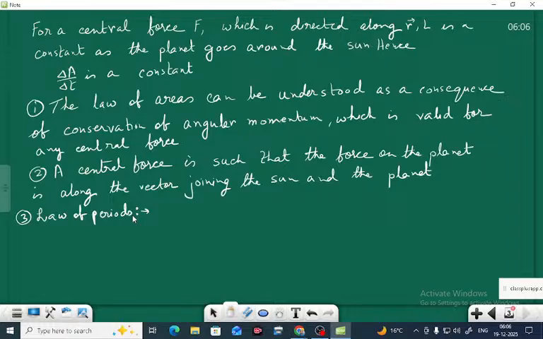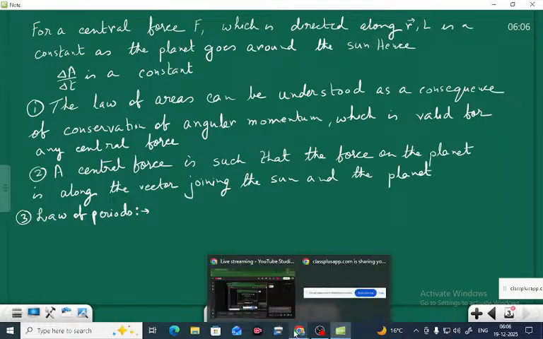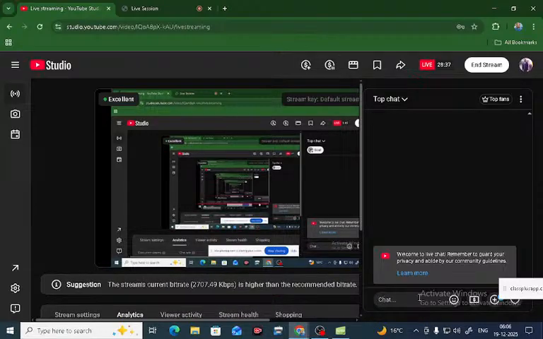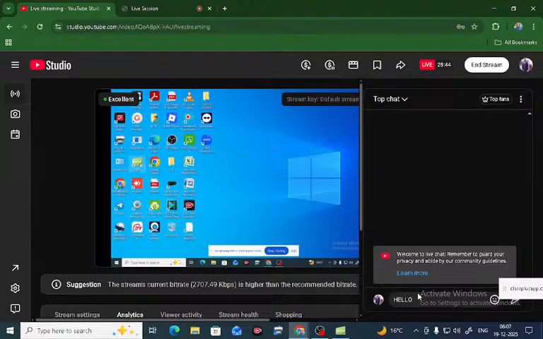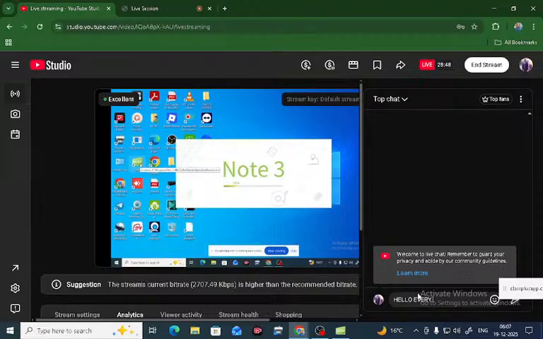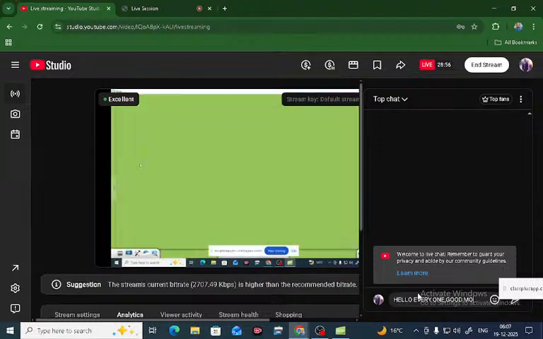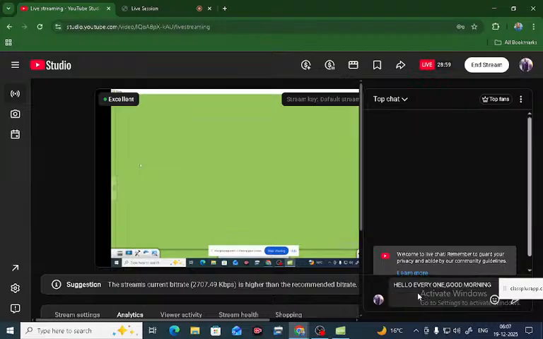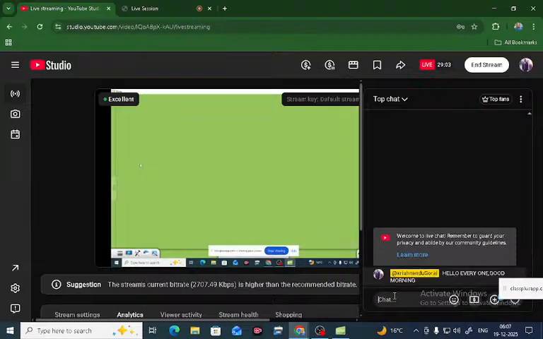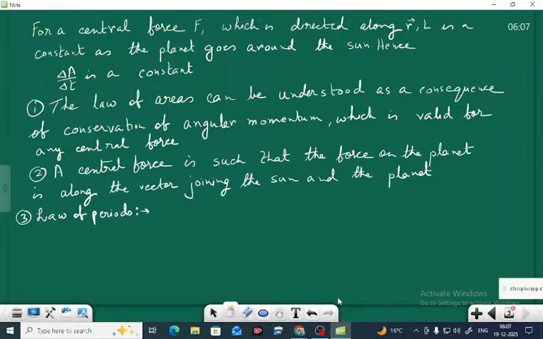If you want to find the law of periods, now you see here, for any central force F which is directed along R, L is constant as the planet goes around the sun, hence del A by del t is a constant.